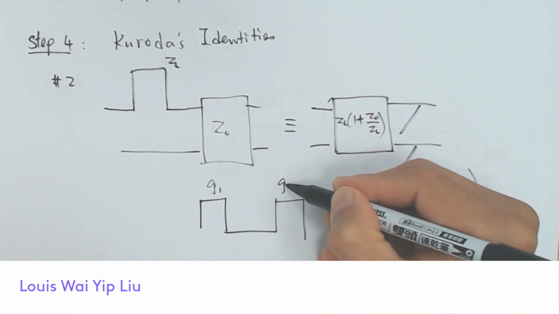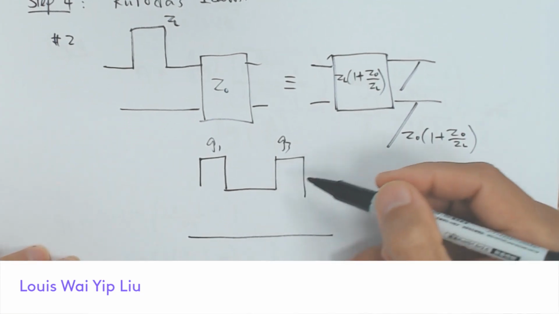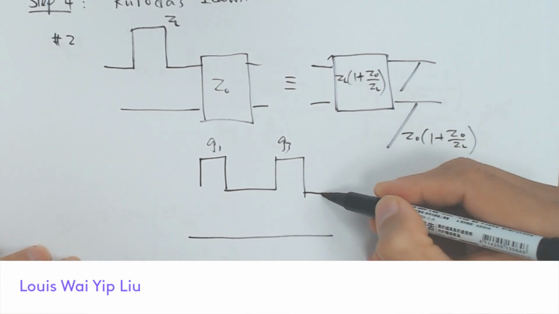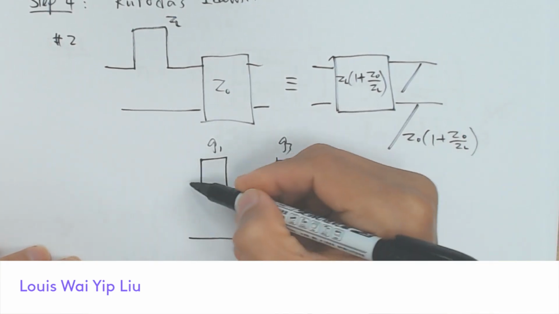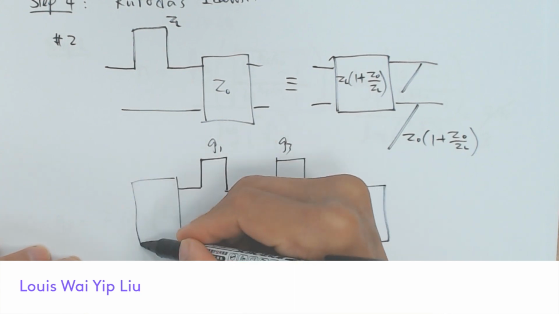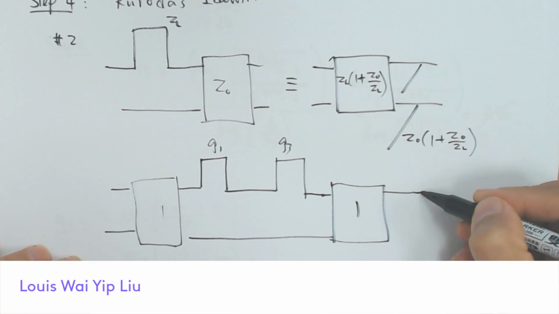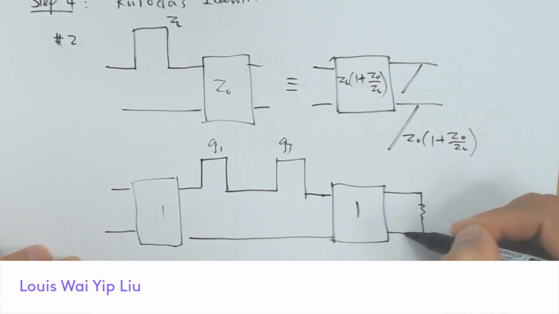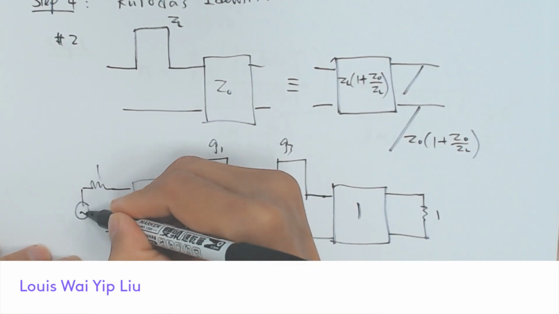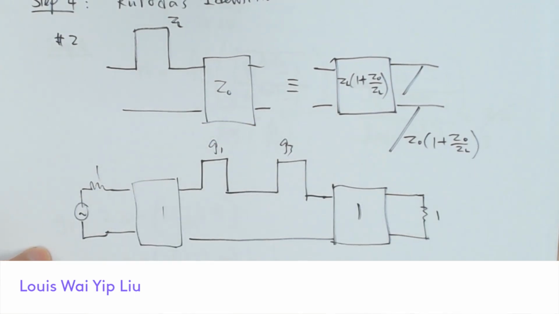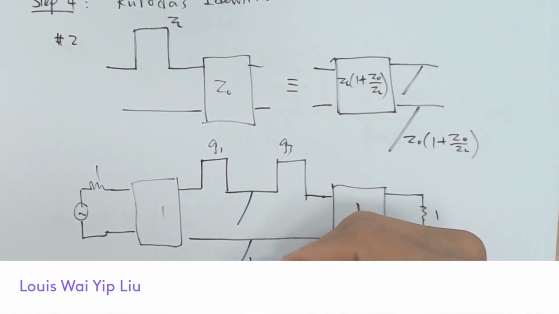G1, G3, 1, 1. So this is the circuit from the last step, 1 over G2.